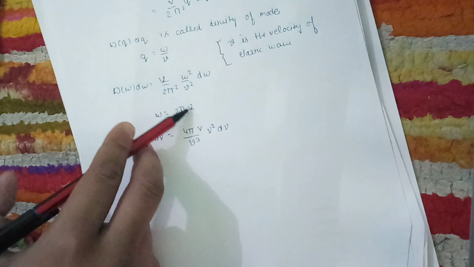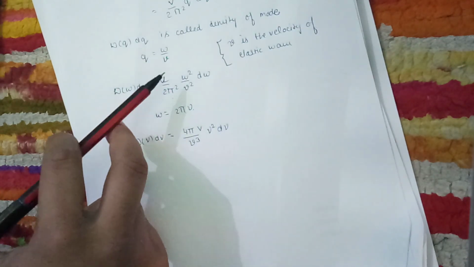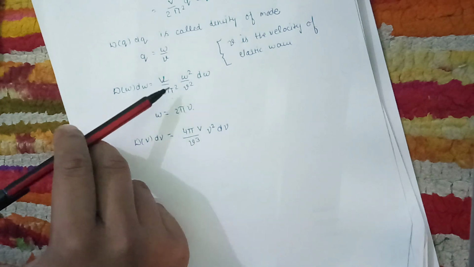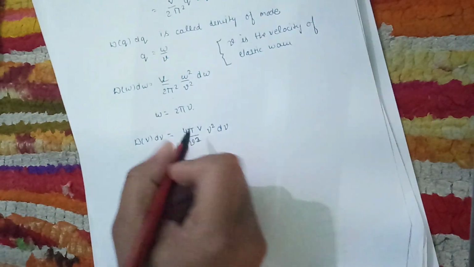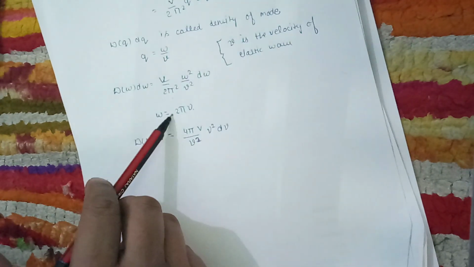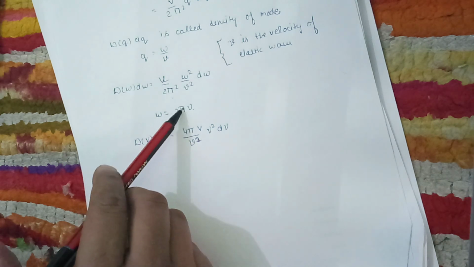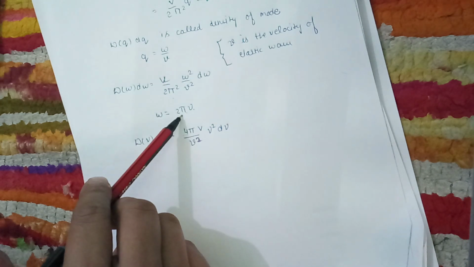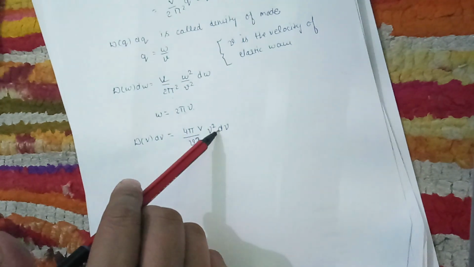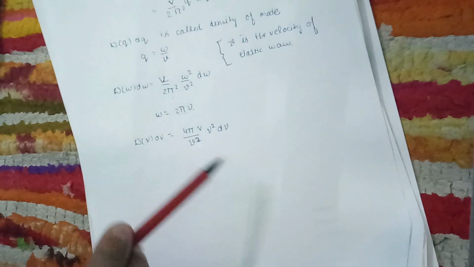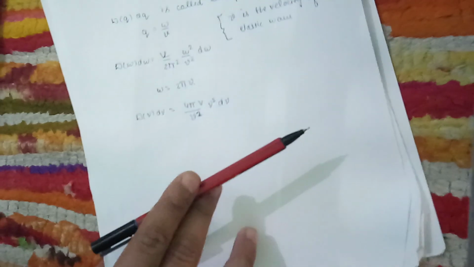Sorry, omega is equal to 2 pi nu. So this will become 4 pi square nu square, and d omega is equal to 2 pi d nu here, and the 2 cancel, and this is 4 pi V upon v cube nu square.